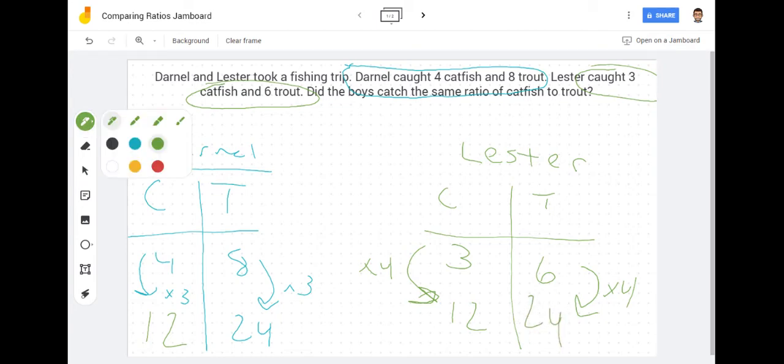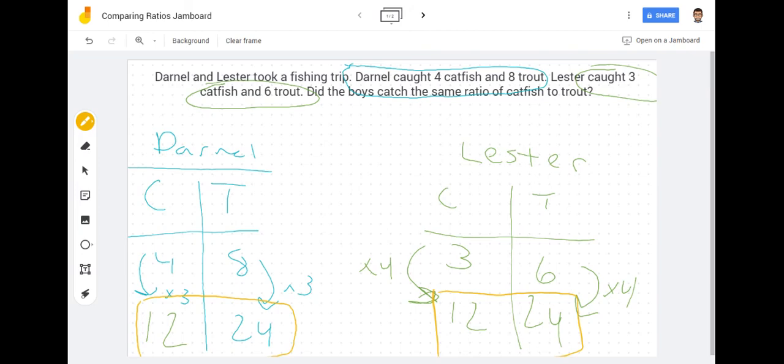Now, what this has got me to is if I scale up the ratio, Darnell has caught 12 catfish to 24 trout. And if I scale up Lester's ratio, he's caught 12 catfish to 24 trout. Now, here's the thing. Both of the numbers have to be exactly the same in both of the ratios for you to be able to say 100% that these ratios are equivalent, that these ratios are the same ratio.